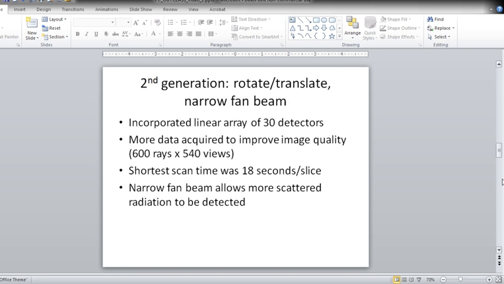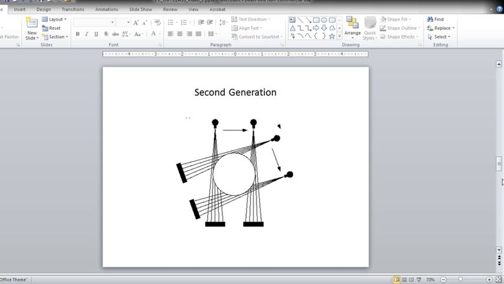We get 600 rays across a 540 field of view in the second generation. The scan time is shorter than the first generation, at 18 seconds per slice. As we are using the narrow fan beam, it allows more scattered radiation in the images. This is how the source and detector are arranged in the second generation, with the source and a linear array of detectors.